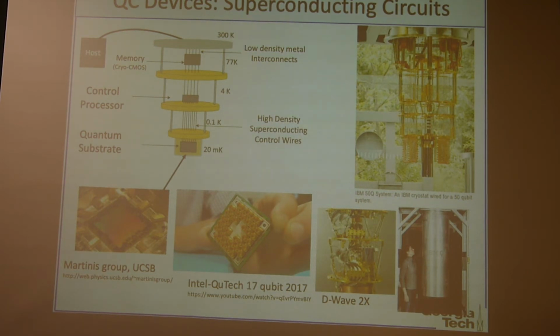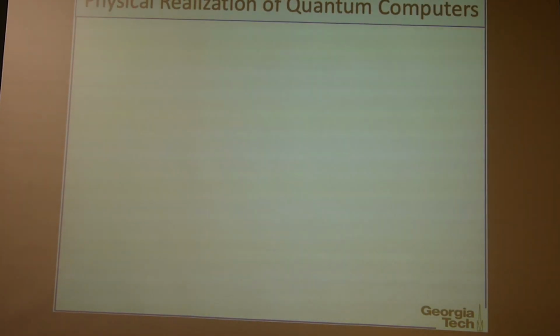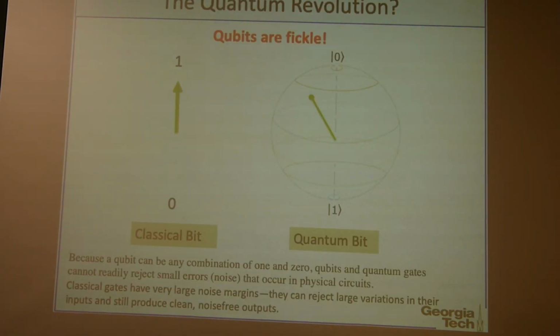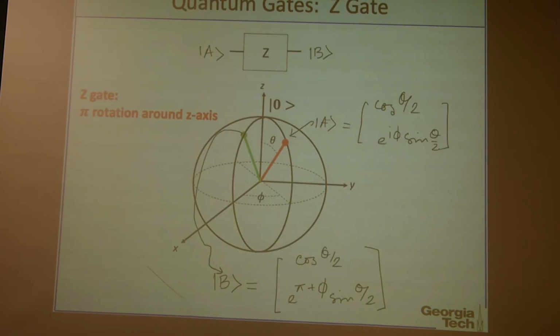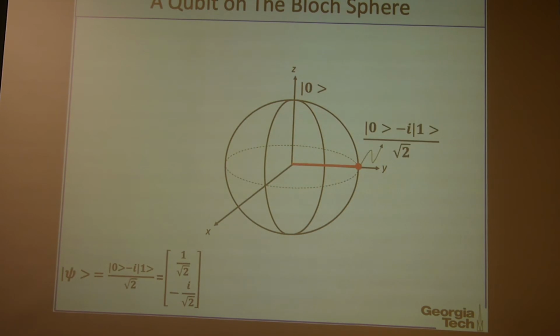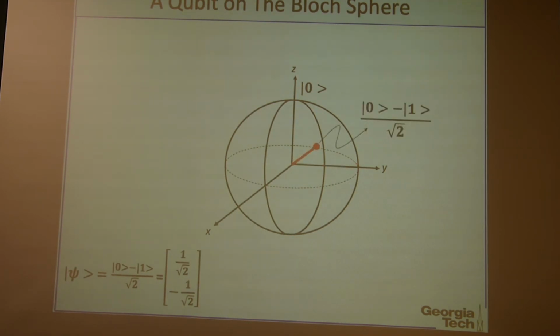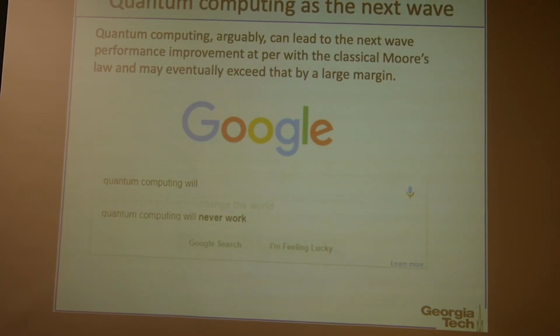So then the question is, why do we need such low temperatures? And what are the challenges of quantum computing? The thing is this. Why do you have to do it at low temperature?